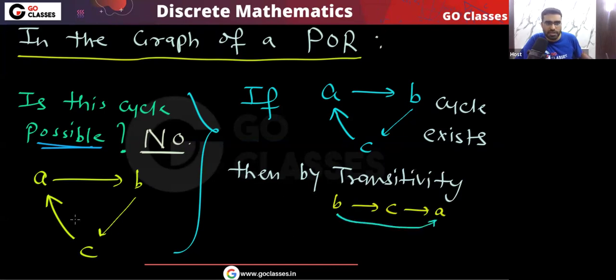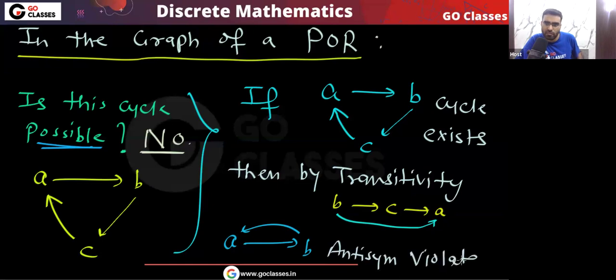Now, if B is related to A, there is a problem. What is the problem now? Now the problem is that antisymmetry is violated. So is this point clear? Let me know.